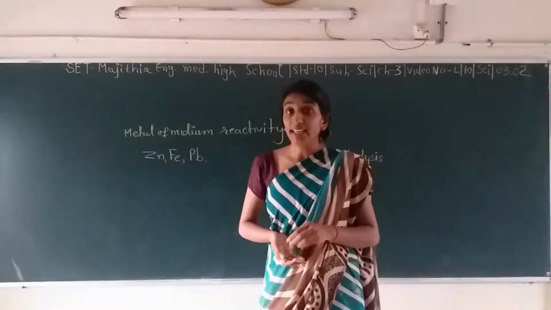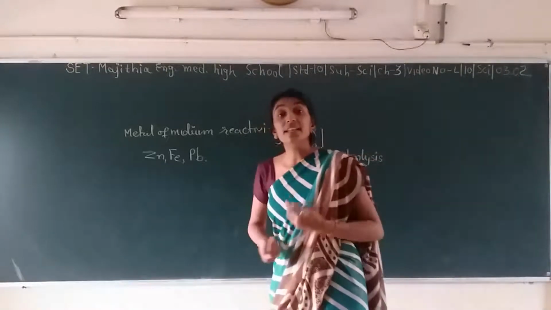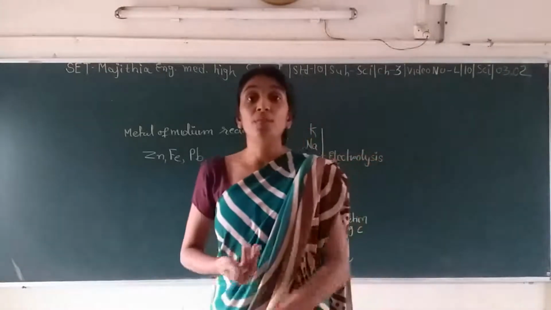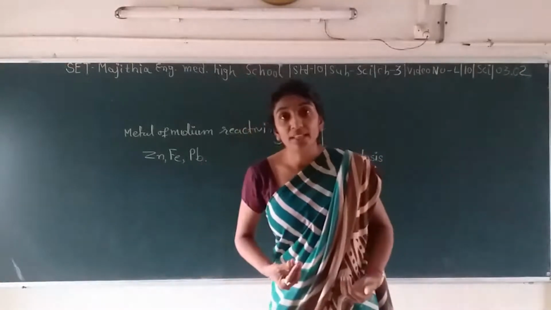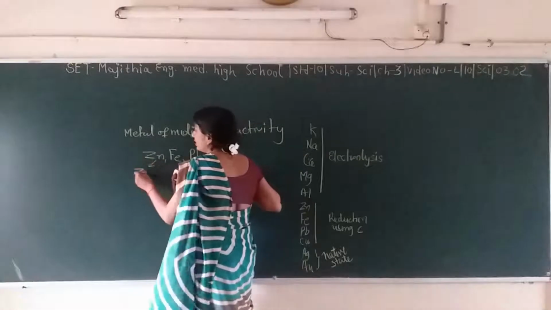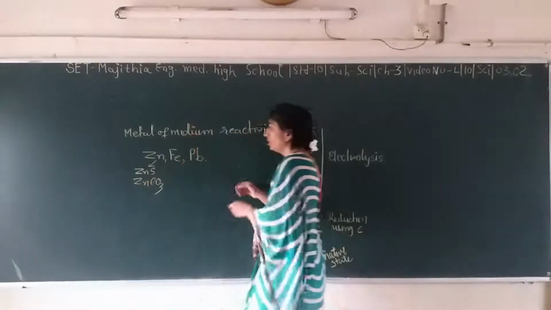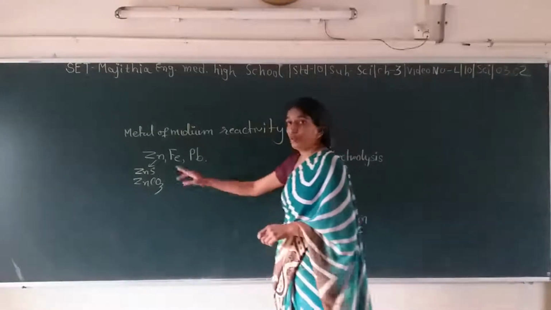These metals have a tendency of occurring either in their carbonate form or in their respective sulfide form. Zinc could exist as zinc sulfide or zinc carbonate. The same goes for lead, the same goes for iron.